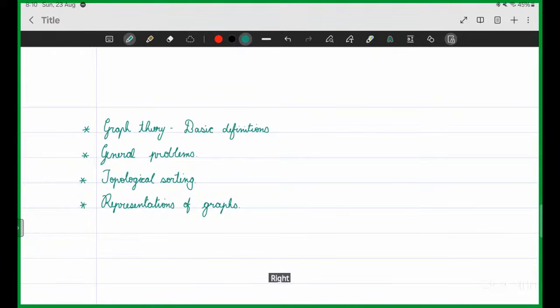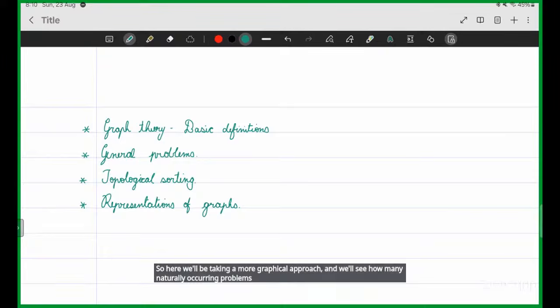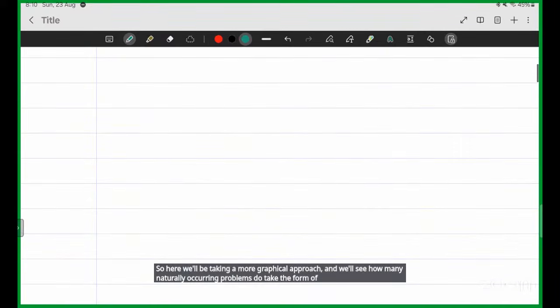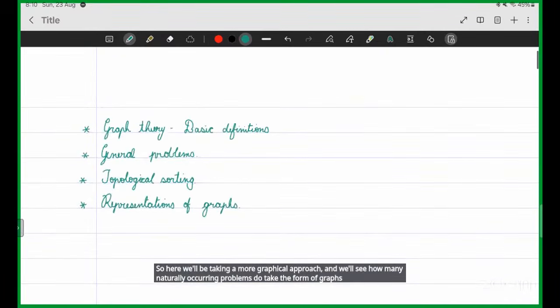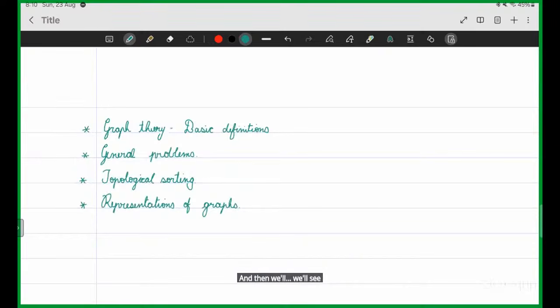So here we'll be taking a more graphical approach, and we'll see how many naturally occurring problems do take the form of graphs, and then we'll see how we will go about solving them, how we will give algorithms to, not necessarily uniquely, but just how to get a solution to certain things.